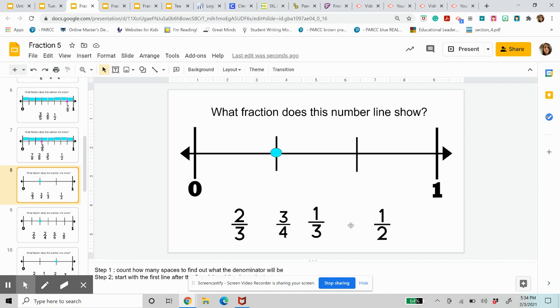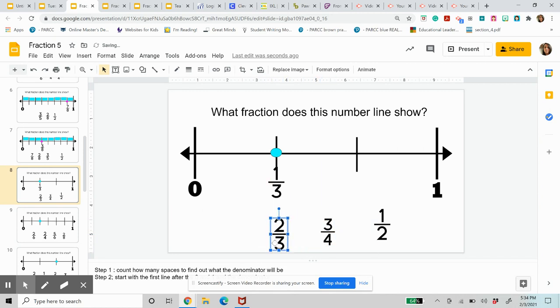And see if it is the same fraction that I pick. Okay, and I say that this fraction number line represents 1/3 because I counted 1, 2, 3 sections. This would be 1/3, 2/3, 3/3. Okay, so 1/3 was the correct answer.